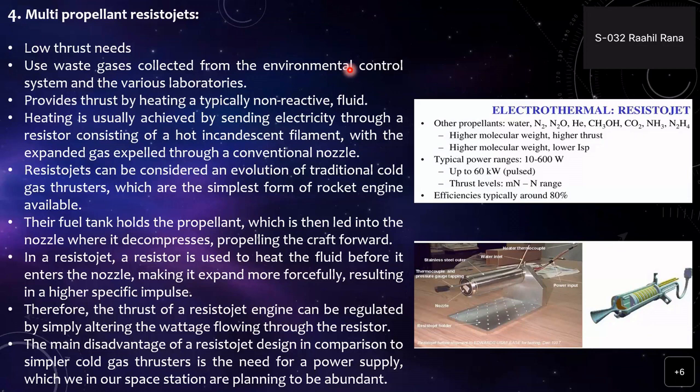So it basically works upon a resistor element, or an incandescent filament, which heats up the gas. Because of that, it will expand the gas, which will in turn be expelled by a conventional nozzle. Hence, this is also called the evolution of the traditional cold gas thrusters, which are used everywhere and are the simplest form of rocket engine available.